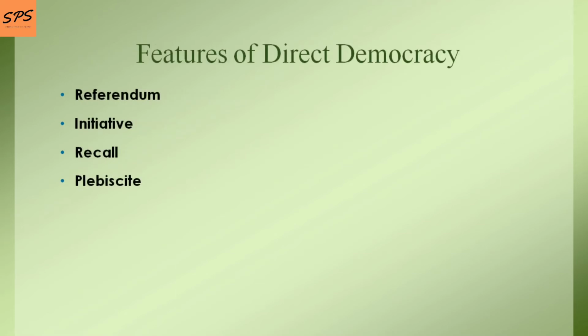In a previous video, I talked about what direct democracy is. Now I will talk about the features of direct democracy and what types of features of direct democracy we find in Switzerland. There are mainly four features of direct democracy. The first one is referendum.